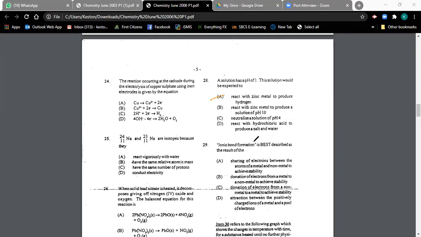29. Ionic bond formation is best described as a result of... ionic. Any sharing taking place there?